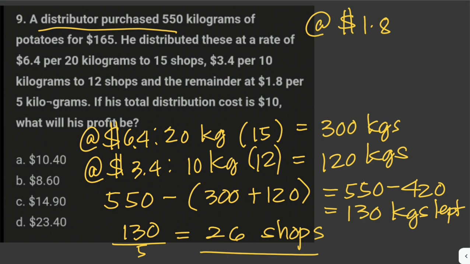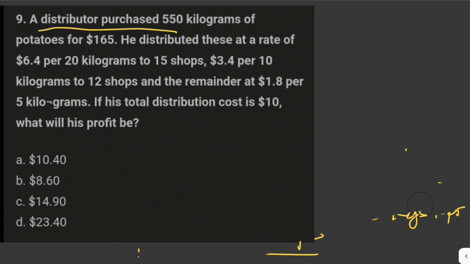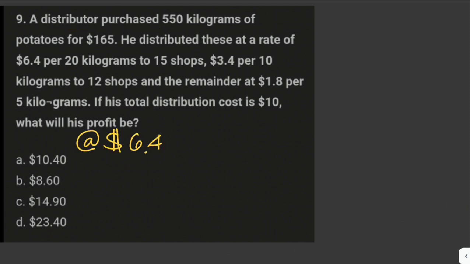And now we need to find the amount he earned over all these distributions. So at $6.4 per 20 kilograms, we just have to multiply that by 15 shops. So $6.4 times 15.